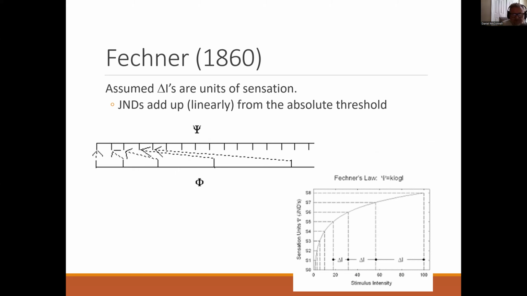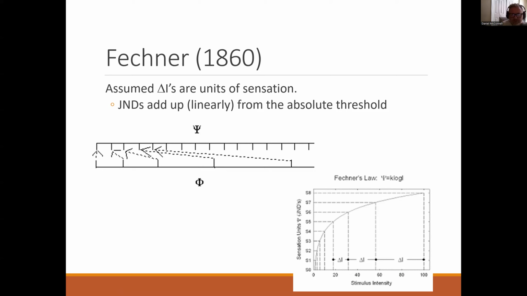And so Fechner, a few years later, was well aware of what Weber was doing and was trying to make sense out of it all. As the story goes, he had a mental breakdown and spent about a decade lying in bed, worrying about all of this. When it finally dawned on him, his realization was that we should treat the x-axis as physical stimulus intensity, and we should treat the y-axis as just noticeable differences, which he considered to be a unit of sensation.